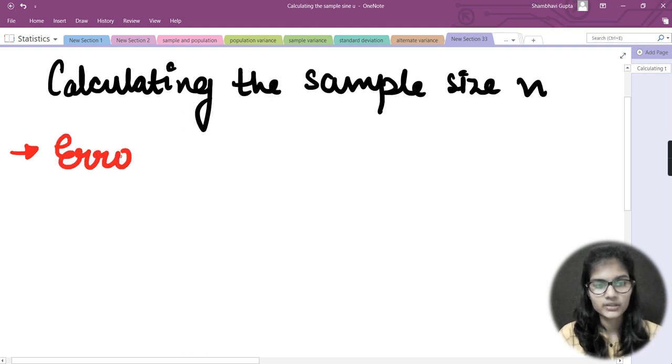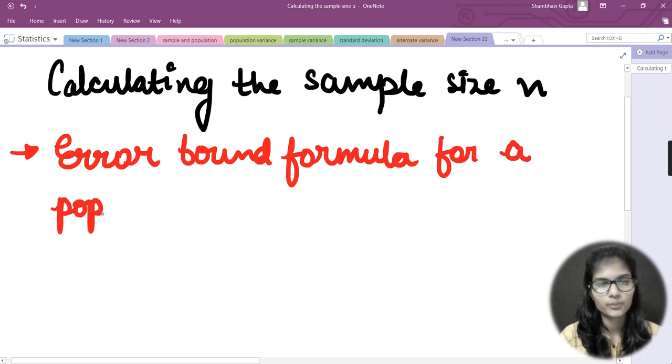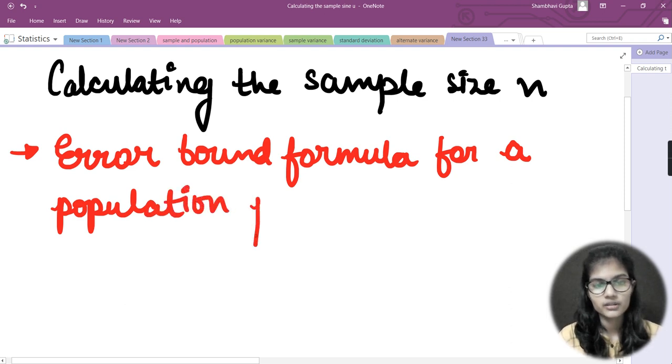So let me write down here the error bound formula for a population proportion. In short form I have written EBP, and I'm writing the full form as well.